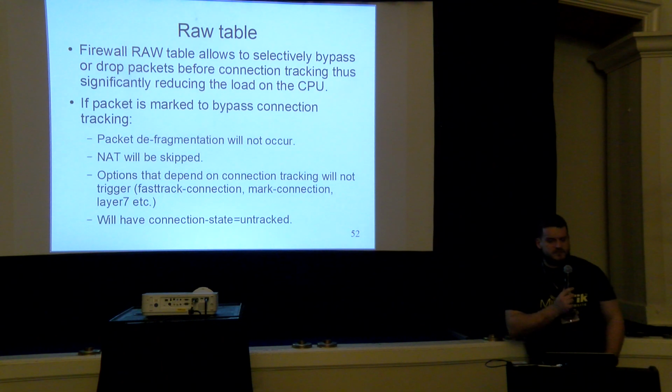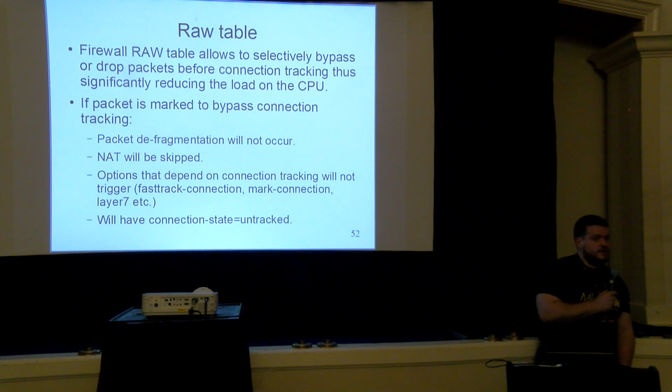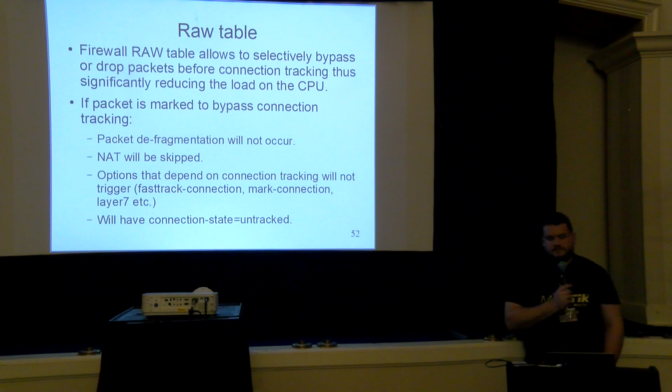The solution is to use the raw table. A new table that was added to the firewall, which allows you to select traffic that bypasses connection tracking. And when you bypass connection tracking, many good things happen. First thing, packets don't get defragmented back to whole packets. So you can send fragments through the device.